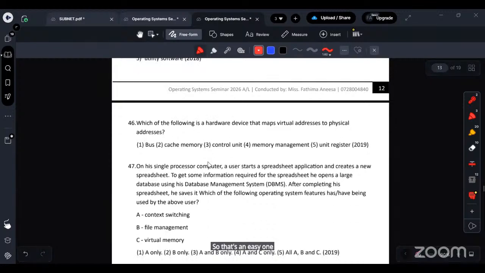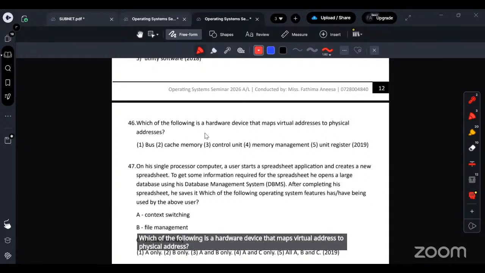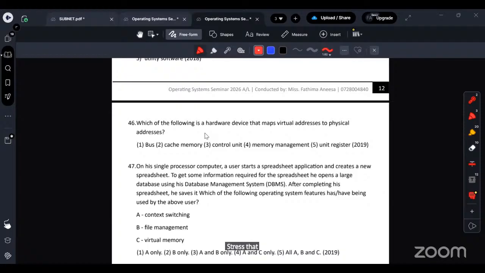Which of the following is a hardware device that maps virtual address to physical address? Which does that? Answer. It's the easiest question. See, 2019 one. Quickly, guys.